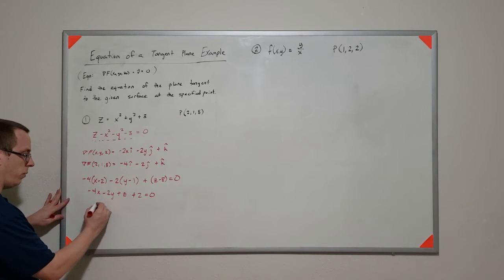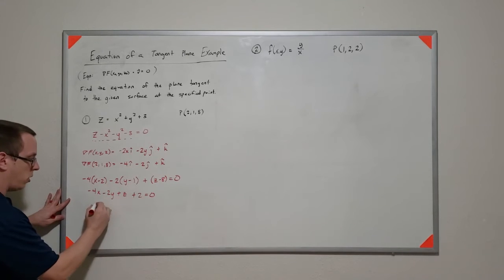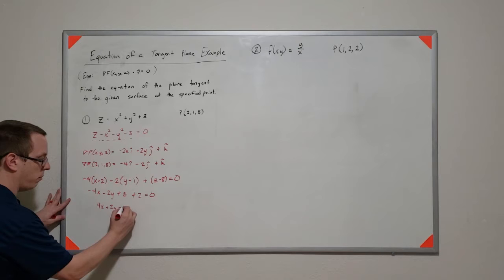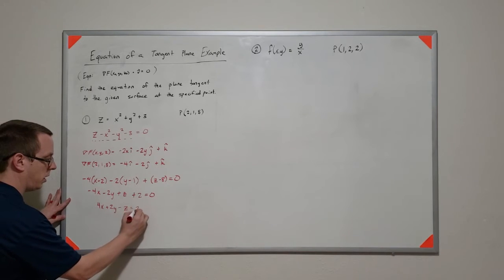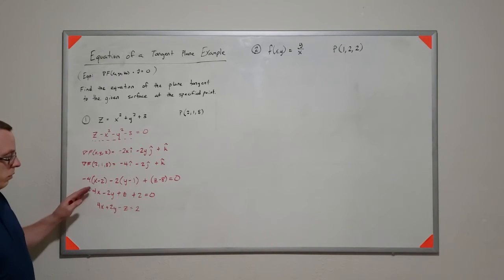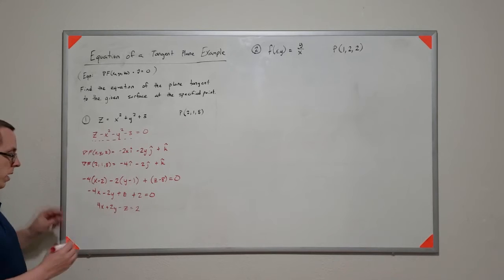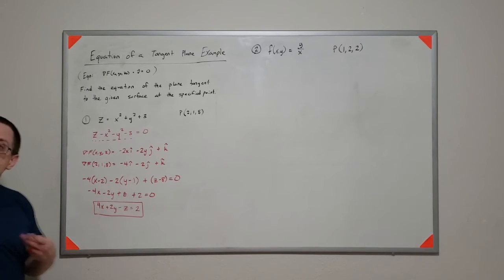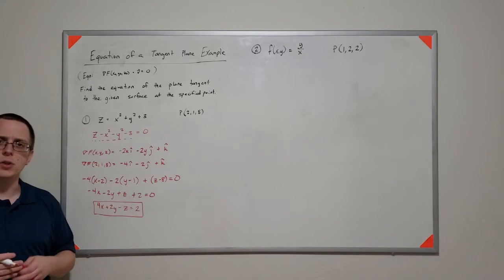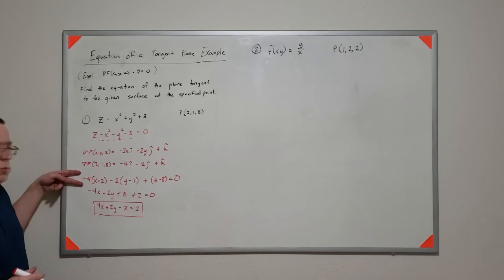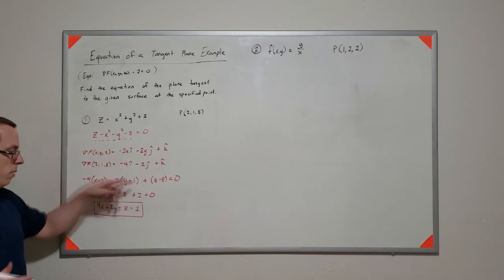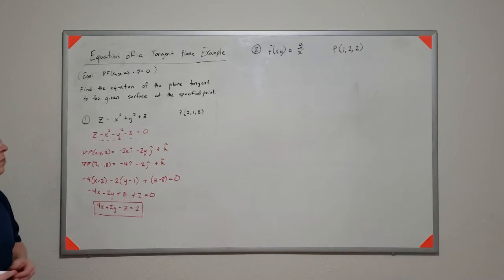So if we do a little bit of algebra here, we get 4x plus 2y minus z equals 2, if we sort of added everything over and flipped it around. That's more like what you're going to see in a textbook answer. But honestly, this is perfectly fine. In a lot of ways, it helps describe what's going on pretty well.